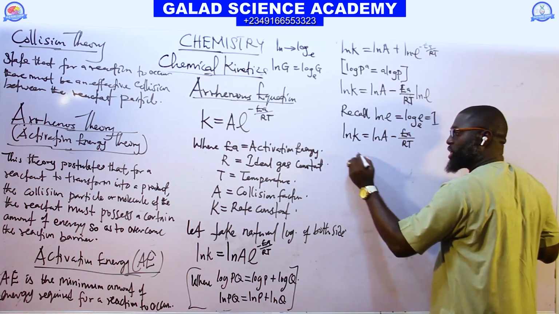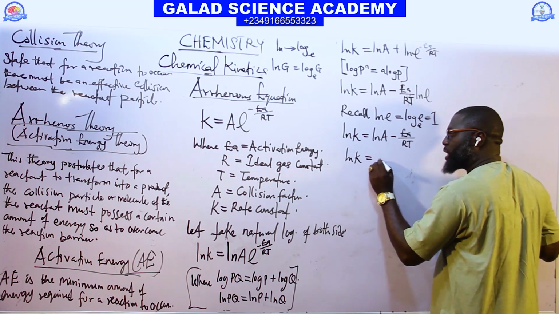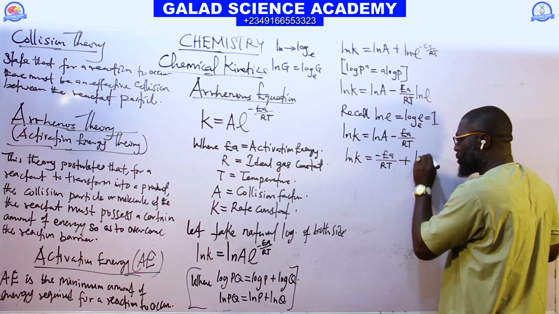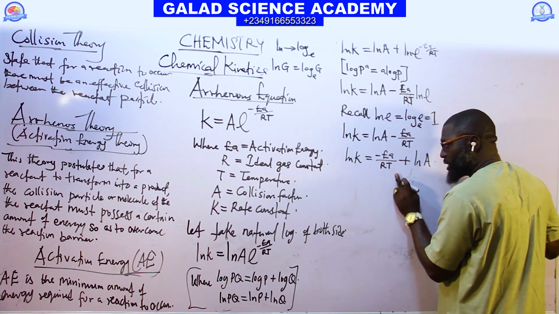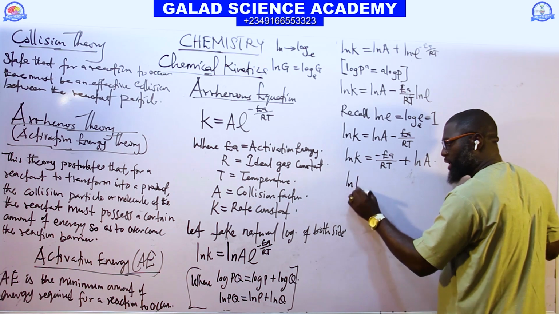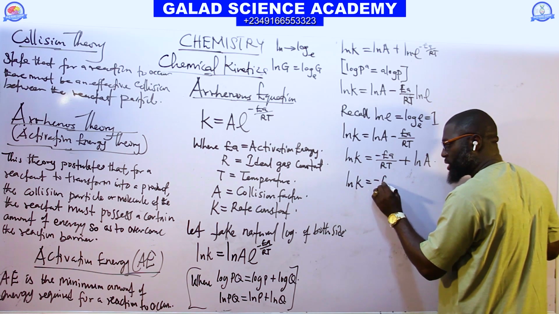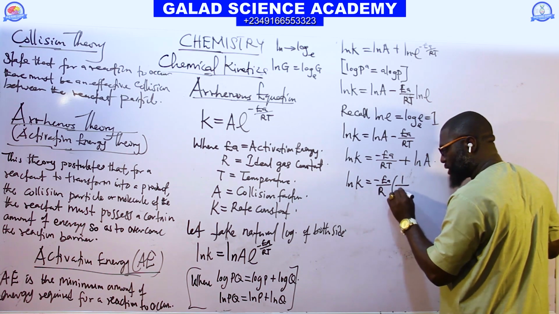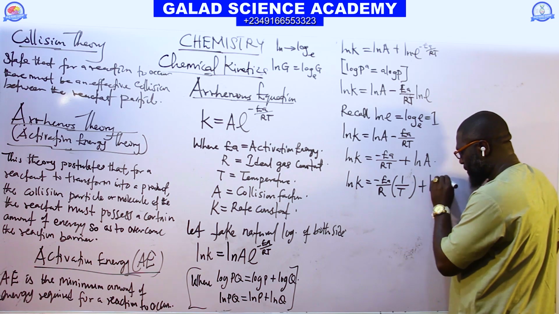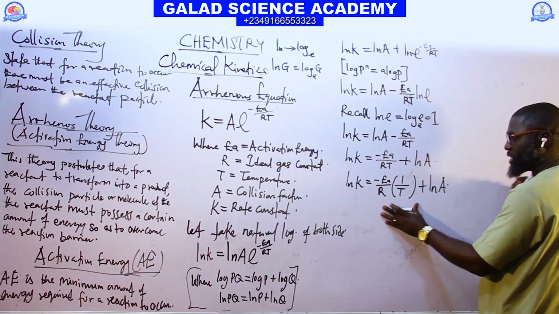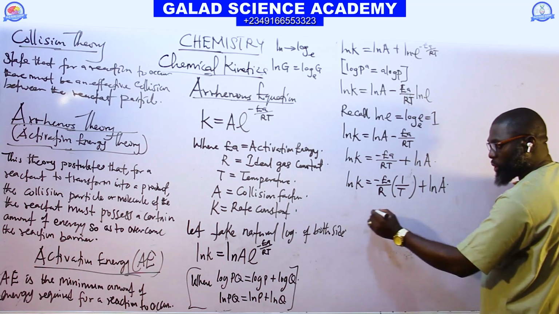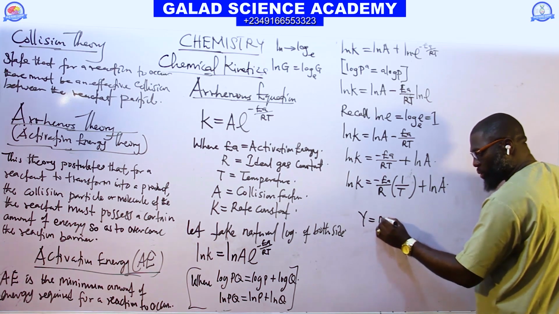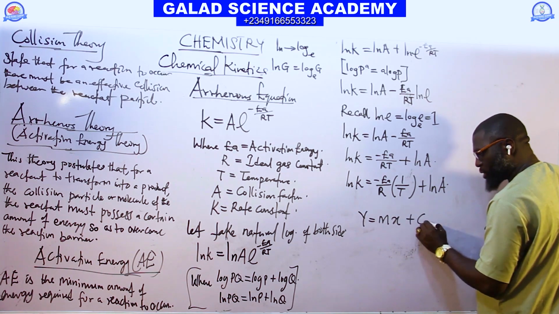We can rearrange this equation to be ln K equal to minus Ea over RT plus ln A. This is the same thing as ln K equal to minus Ea over R into 1 over T plus ln A. You can compare this statement with the equation of a straight line, y equals mx plus c.